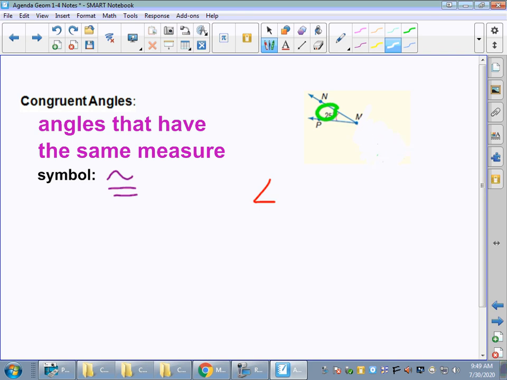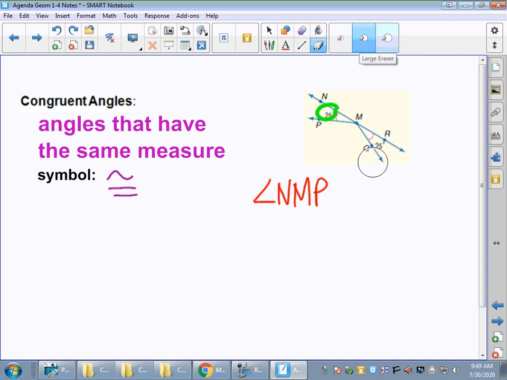How would you name it? I would probably name it as angle NMP. M is the vertex in the middle of that, where the 2 rays come out of. And what is NMP congruent to? They're both 25 degrees. So the other angle, I would probably name it as angle RMQ.